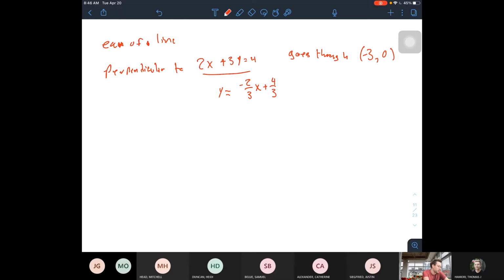Perpendicular, let's recall what that means. Perpendicular means the lines cross and form a right angle.